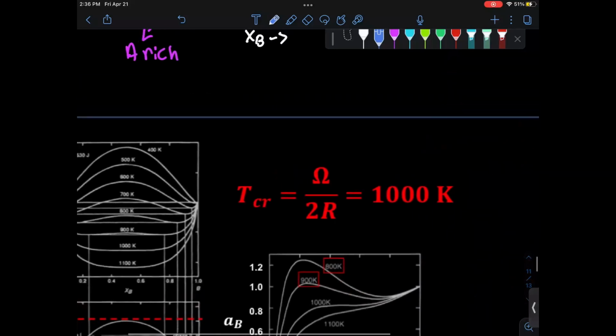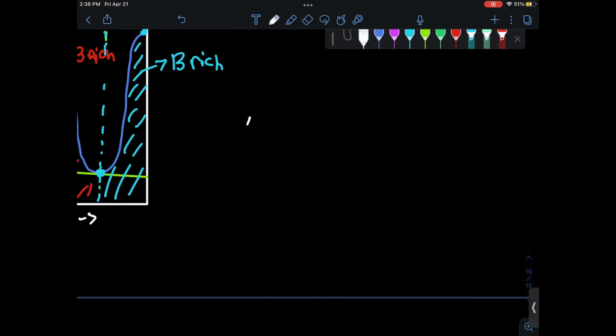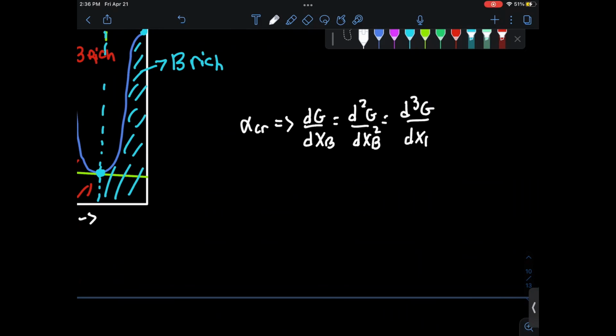This critical alpha happens at a certain point. It happens when the derivative of the Gibbs free energy with respect to one component is equal to its second derivative, which is equal to its third derivative, which are all equal to 0.